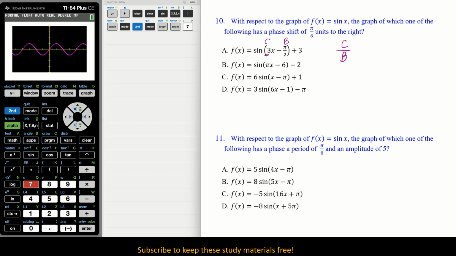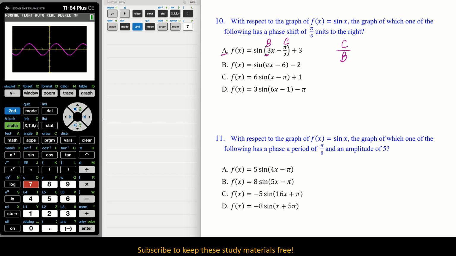We can tell that A might be it, but B absolutely not. Oh, I'm sorry. I wrote those wrong. I bet you said, what are you doing? I wrote those backwards. B becomes before C, obviously. That looks a lot better. Sorry about that. So A might be it. B cannot be it because that would be 6 over pi.